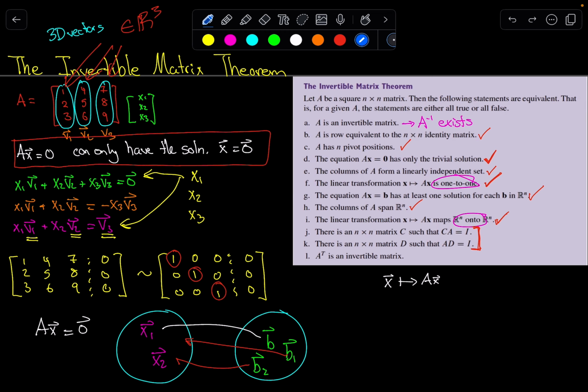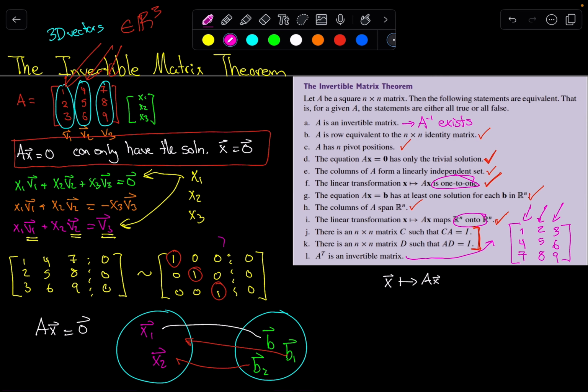The last one's a little obscure in my opinion, but the transpose is also invertible. So what this means is if I take that matrix A and flip it on its side, so all those rows become columns and the columns become rows, so 2, 5, 8, and 3, 6, 9, pulling from the work we did earlier, all of these columns are also linearly independent, and we could row reduce it in the same way.